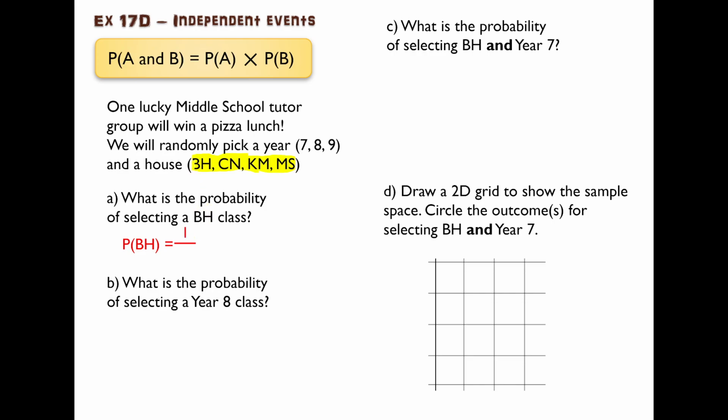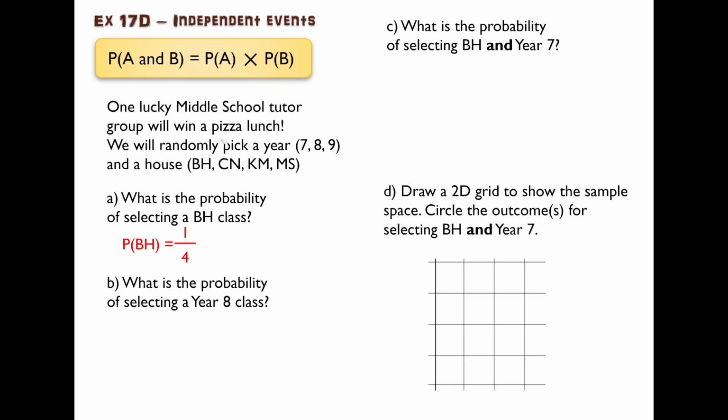Just one of them, which is this one here. Just that one matches BH. Okay, and how many outcomes are listed here? There are 4 outcomes. So looking at just the house, it's a 1 out of 4 chance.